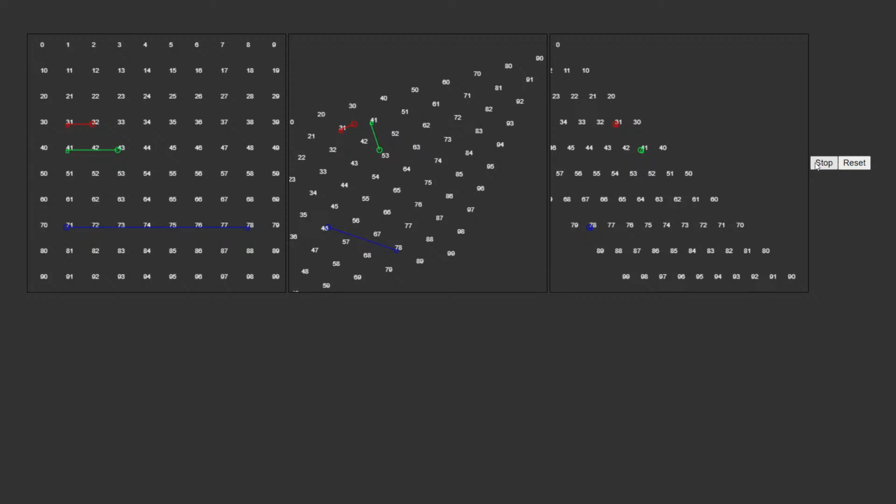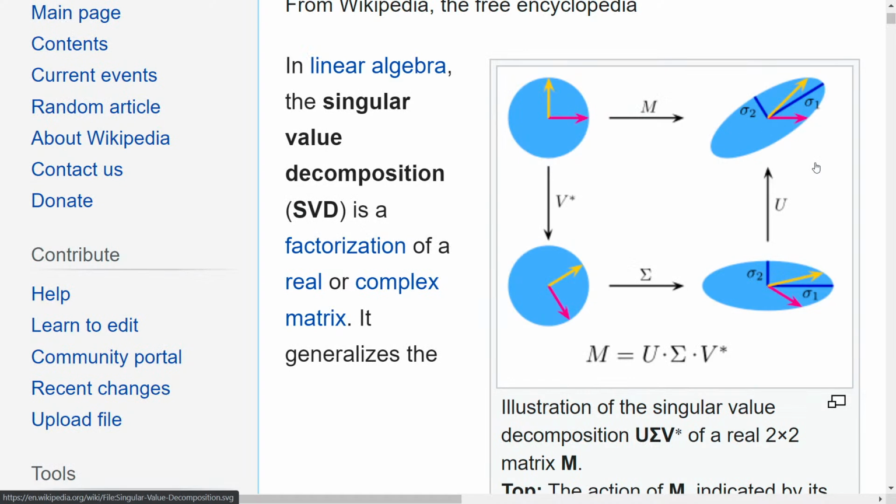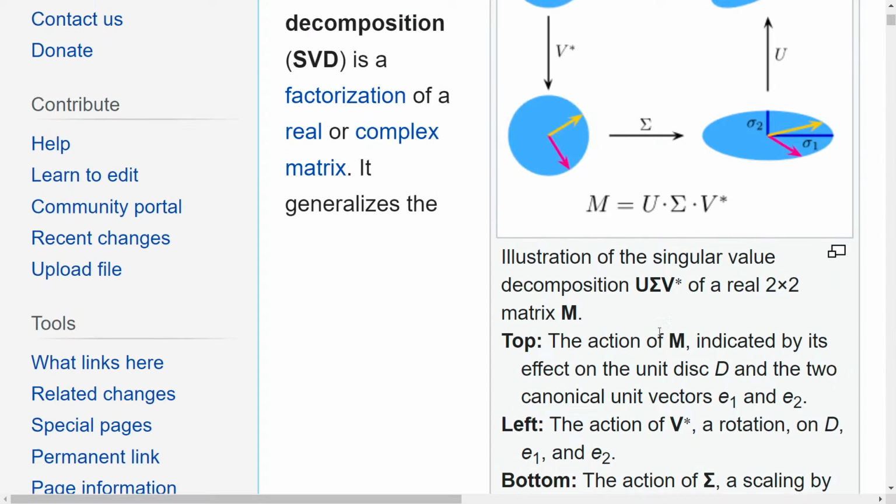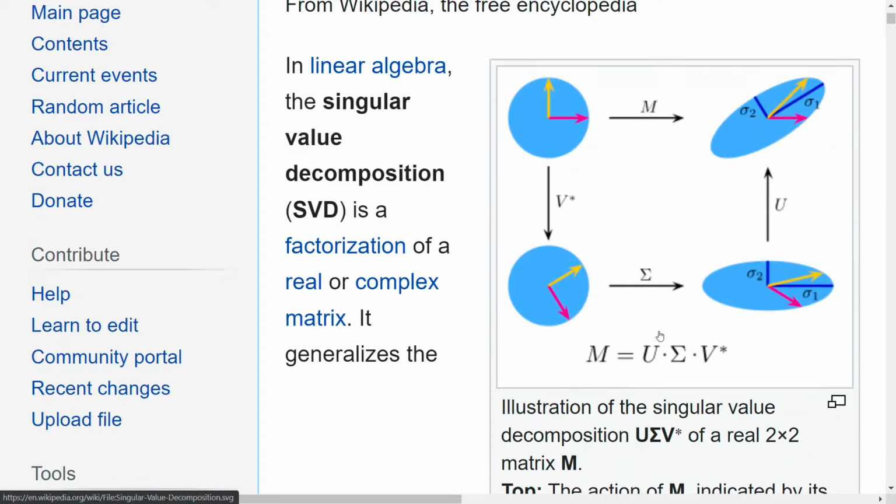Right, I mean, it seems like what the SVD thing is saying is, you have the original axes, then you rotate them, then you scale the original axes, which they call the singular values, and then you scale, and then you rotate again.